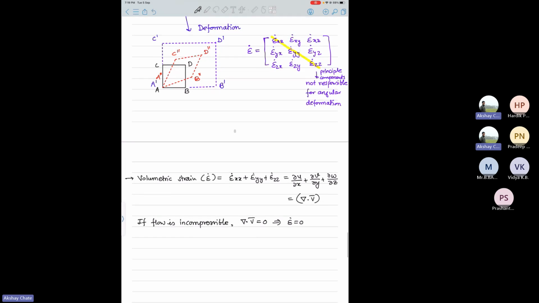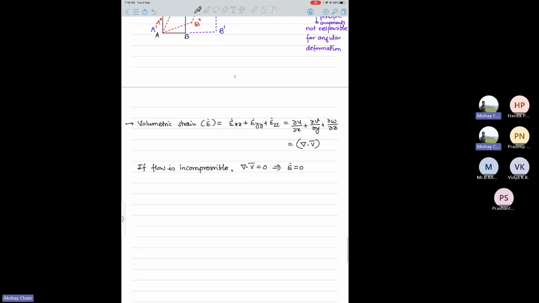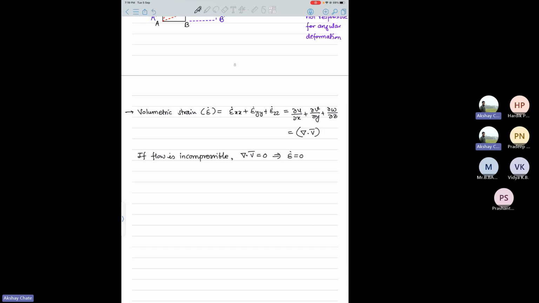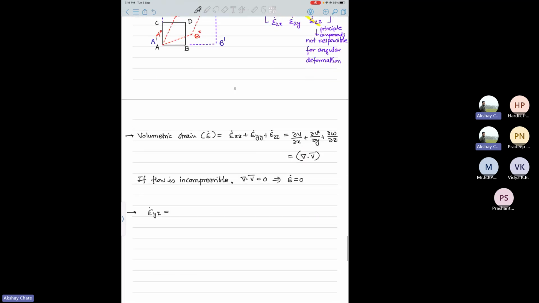And the other components, let's say for example epsilon yx, will be nothing but half of del v by del x plus del u by del y, and it will be the same as epsilon xy. So you should remember that.